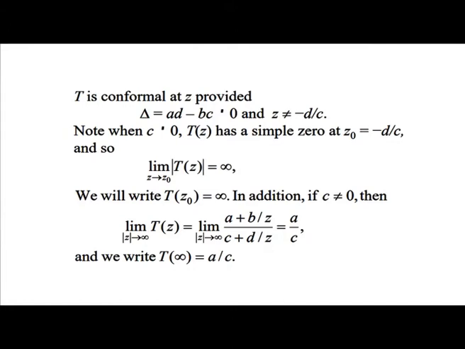In addition, if c is not equal to 0, then limit mod z tends to infinity of t of z is limit mod z tends to infinity of a plus b by z by c plus d by z, which is nothing but a by c. So, we write t of infinity as a by c. So, what does it mean? So, if your z naught is minus d by c, it maps onto infinity, and if c not equal to 0, t of infinity is mapped onto a by c.